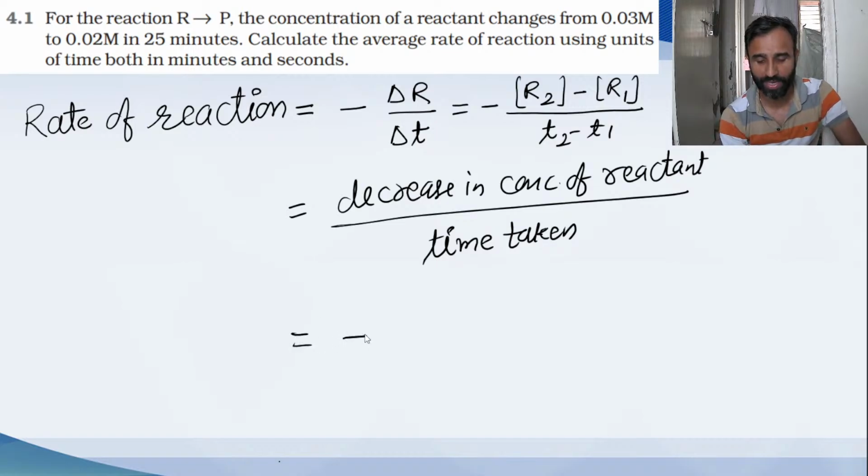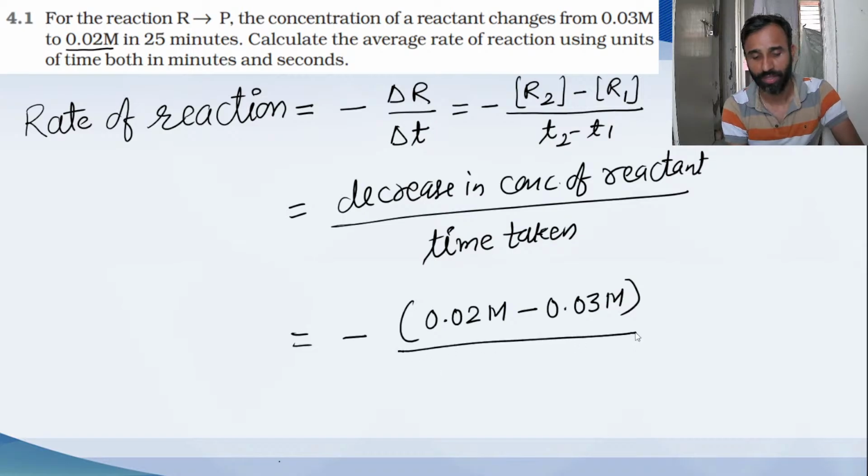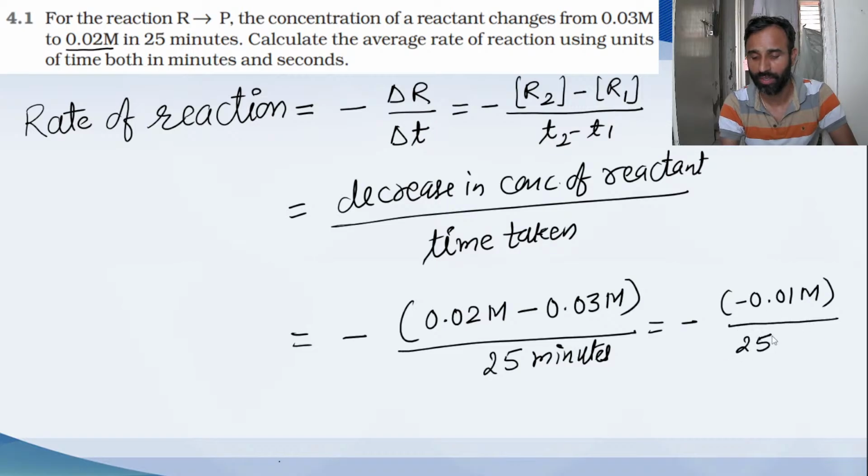See, minus, what is the concentration? Final concentration is 0.02 and initial concentration is 0.03, divided by 25. So it is equal to minus 0.01 molar divided by 25 minutes.